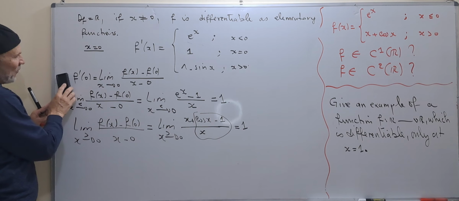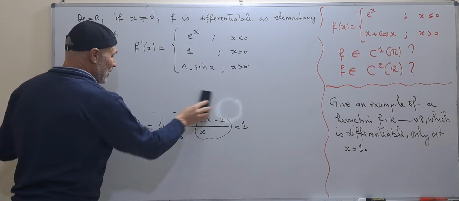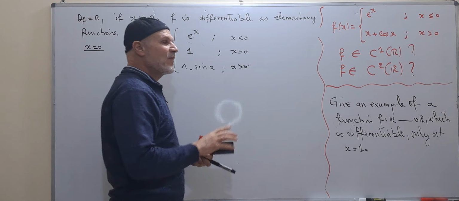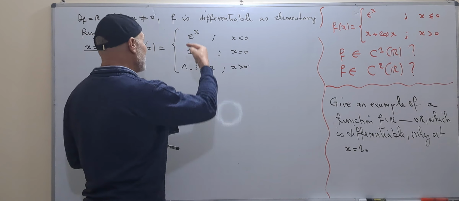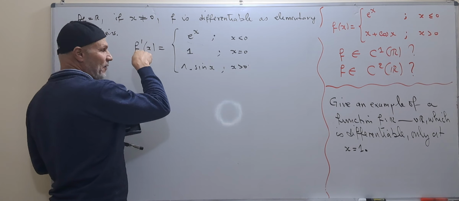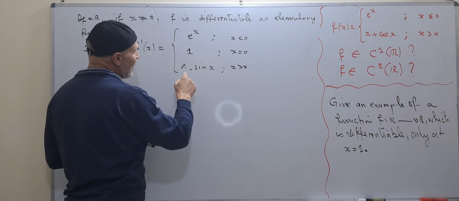To say that f is differentiable, yes, we can say this. F is differentiable. Can we say that f belongs to C1 of R? Not yet. It is differentiable, and the function which is the derivative, is it continuous? Why is it continuous?